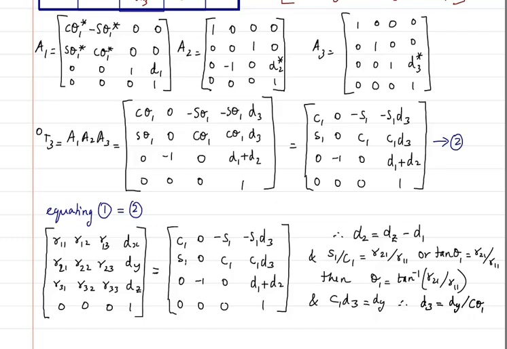So we have got the three values: the value of d3, the value of theta 1, and similarly the value of d2. So all this we have got using these equations. So that theta 1, d2, d3 we have found out. Thank you.